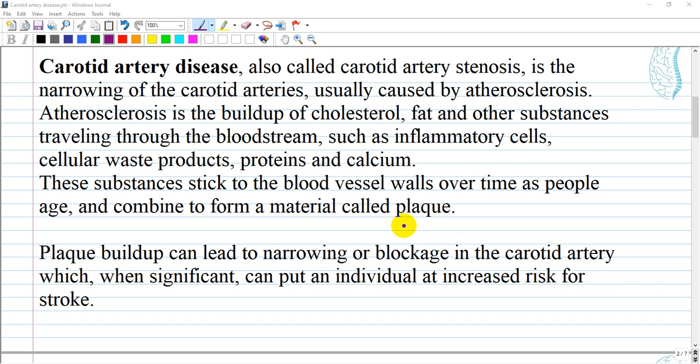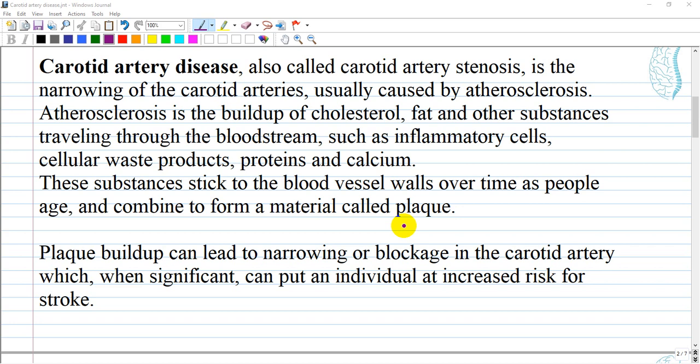These substances stick in the blood vessel walls over time as people age and combine to form a material called plaque. Plaque buildup can lead to narrowing or blockage in the carotid artery, which, when significant, can put an individual at increased risk for stroke.